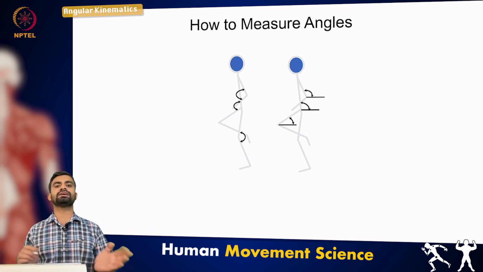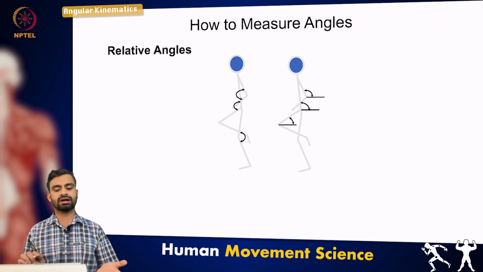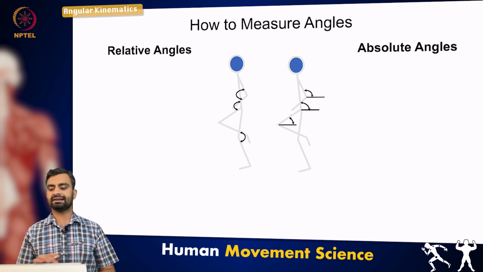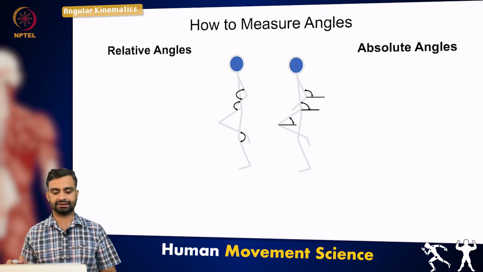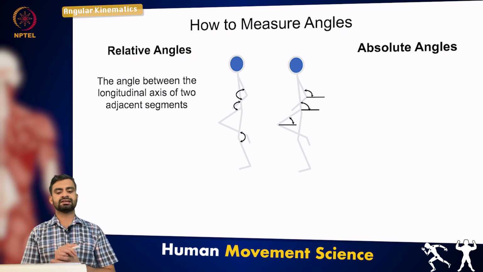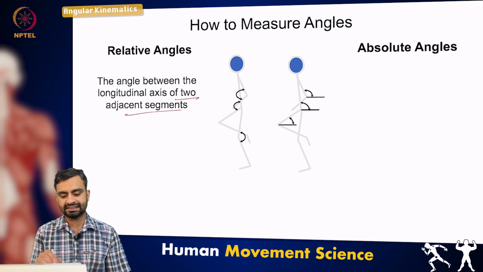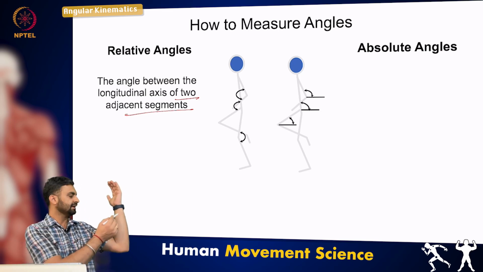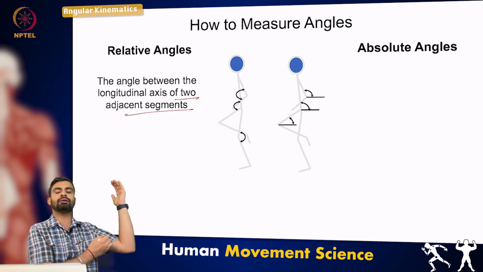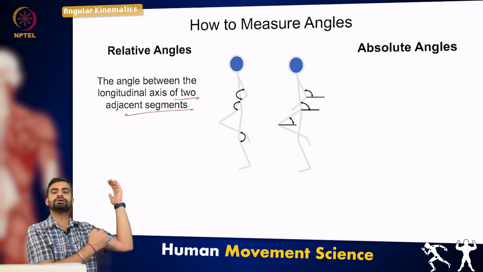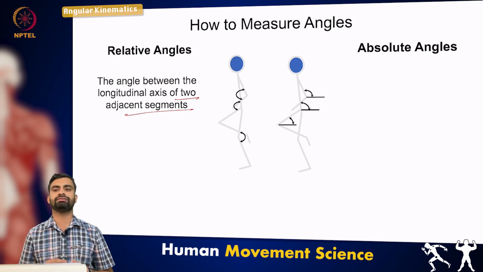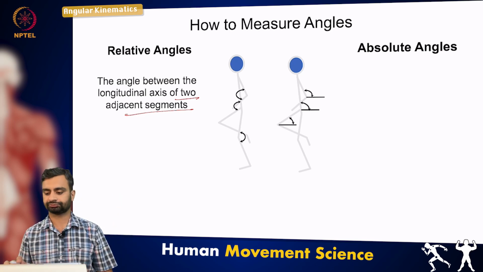So there are two ways we can measure angles. The first one is known as relative angle and the second one is known as absolute angle. Relative angle is the angle between the longitudinal axes of two adjacent segments. For example, in this case, the adjacent segments are forearm and upper arm, and the angle between these two is known as the relative angle between forearm and upper arm.